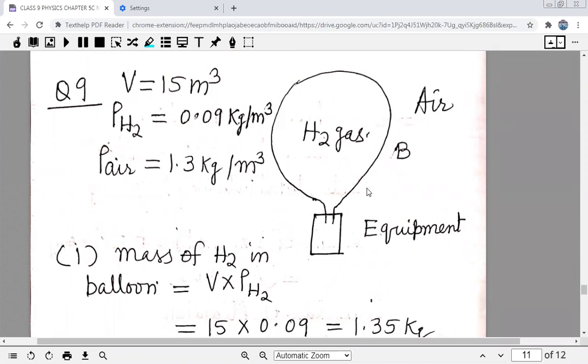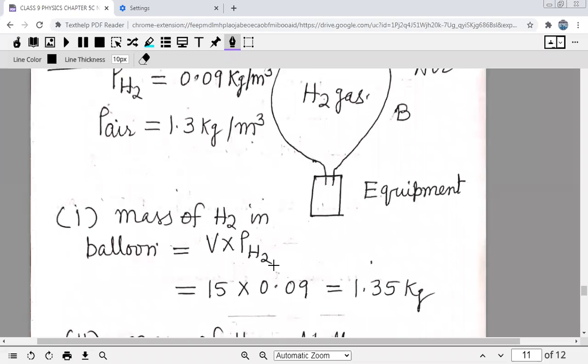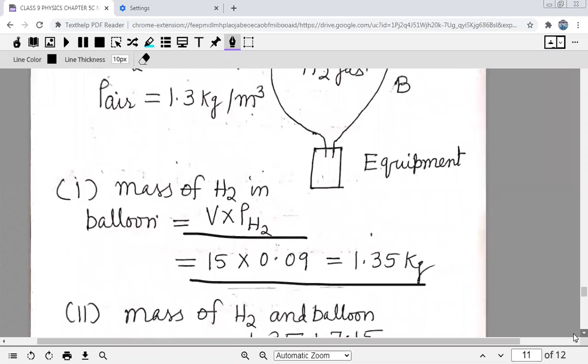What will be the volume of hydrogen? It will be equal to 15 meter cube. So mass of hydrogen will be volume of hydrogen into density of hydrogen, that is 15 into 0.09, that is 1.35 kg.